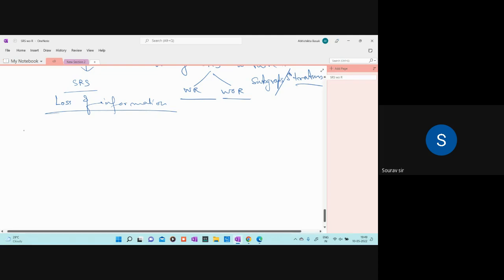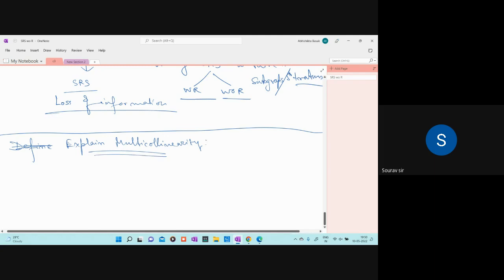I am just explaining roughly first, then I will go with the multicollinearity. If I ask you to define multicollinearity, how are you going to explain it? Don't use the word define, explain. Ignore my handwriting, my pen tab is not working properly, so it's getting slippery a little bit today.